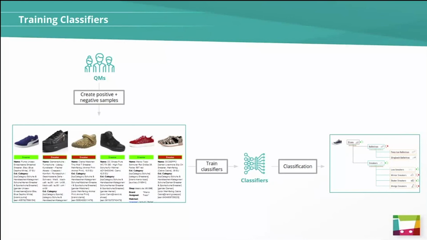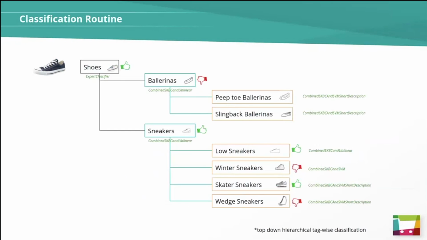And it's out of these positive and negative samples that these machine learning algorithms are able to learn how to distinguish between, for example, sneaker and not sneakers. And this had to be defined by the quality managers. So once we have the representation, we have the model, and we train it using the manual negatives and positives provided by the quality managers, we can actually train models to distinguish every tag from the other tags.